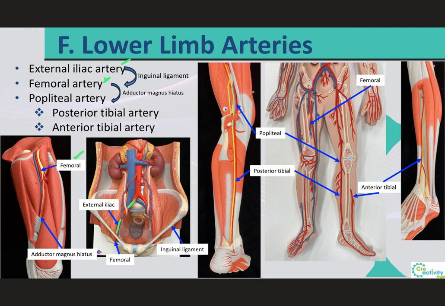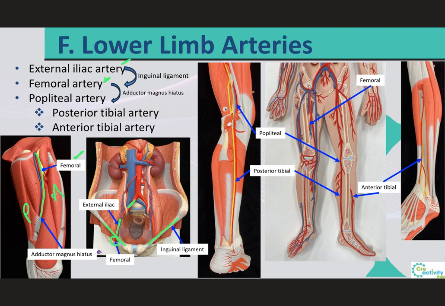And as it continues down in the pelvic region, the external iliac artery will pass through this opening in the inguinal ligament, and once it passes through the inguinal ligament, it will become the femoral artery that will then run down, as we can see over here, and it will start to go from anterior to posterior.